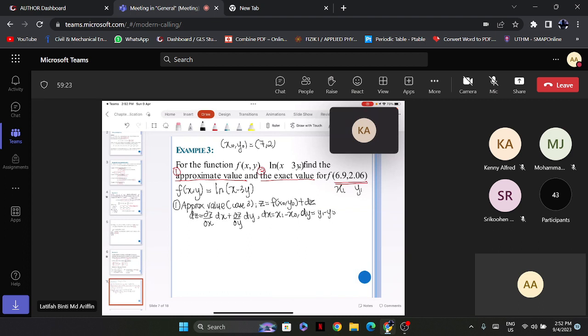Therefore we take our initial point as 7, 2.